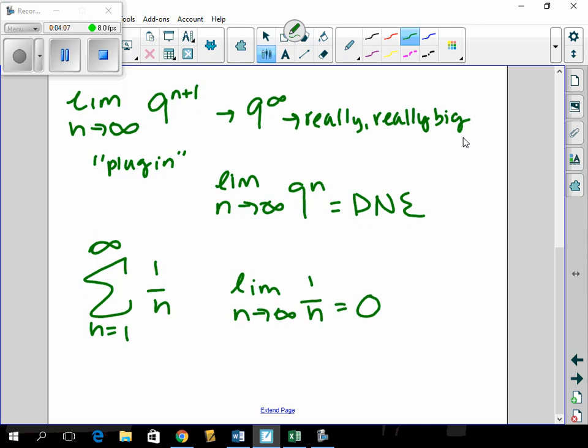So this passes the nth term test, but it still diverges. So this does not test for convergence. This only tests for divergence. We have to be absolutely sure that our terms are not going to 0 in order for it to diverge. If we run across a series like the harmonic series where it passes this test, we have to use other tests to prove it either diverges or converges.